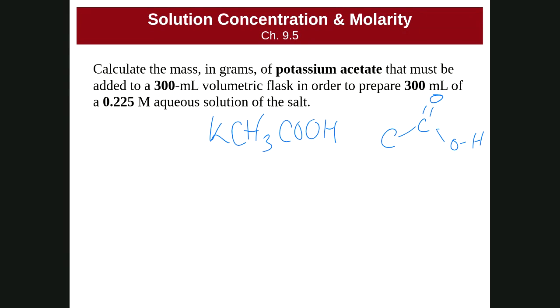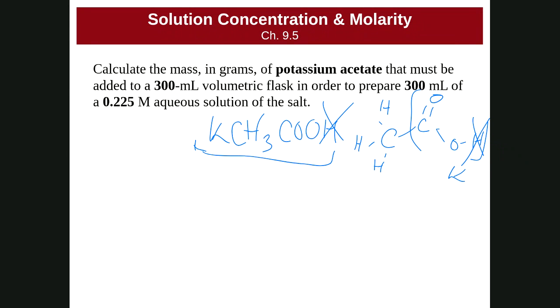So you can see the COO here and the CH3 here. Anyway, this is our potassium acetate. Oh, I'm sorry, acetate doesn't have the hydrogen on the end. That's where the potassium goes.